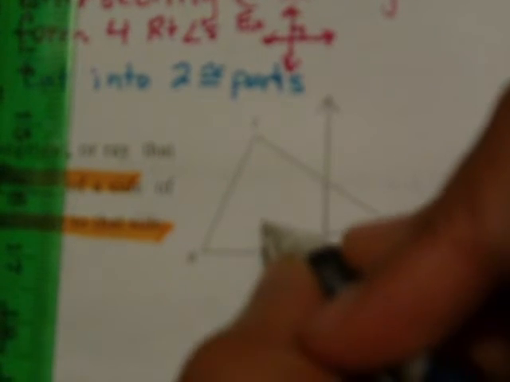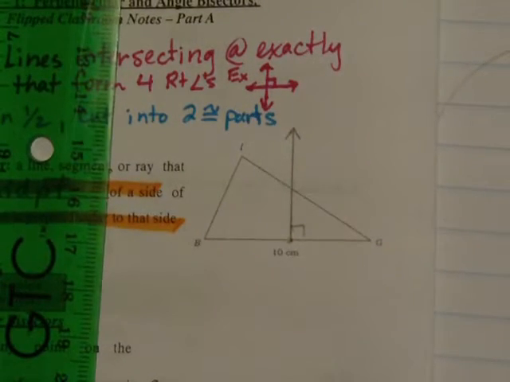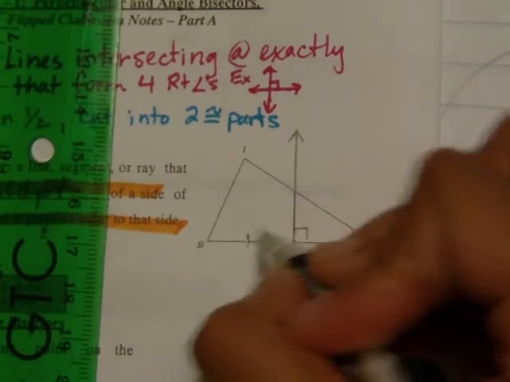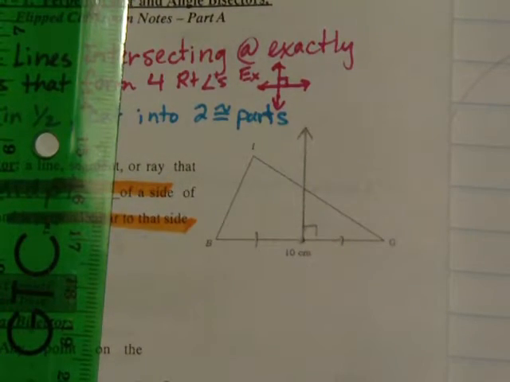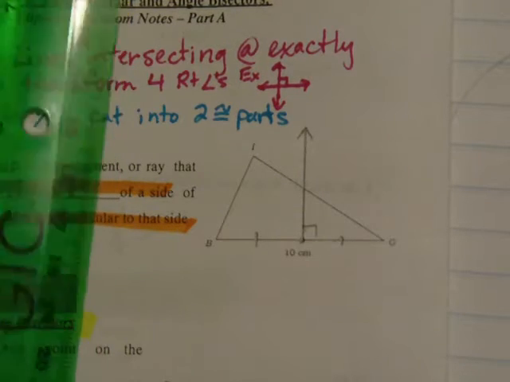We're going to add the box, and sorry about this, I don't understand why it's not focusing. There we go. We're going to add tick marks. Understand that it doesn't have to go through the vertex, but this is just an example of a perpendicular bisector. Now we're going to do some constructions on this next one to understand the theorem.